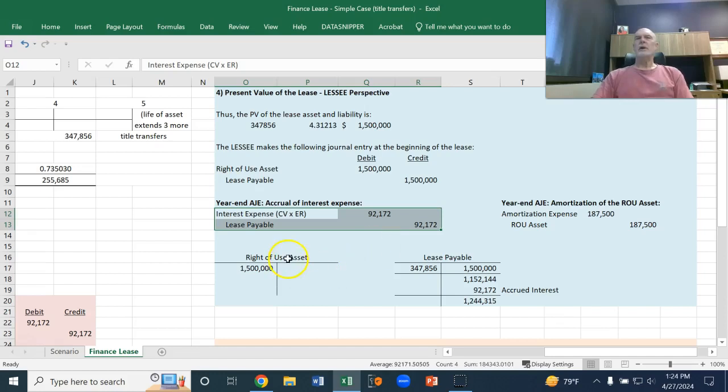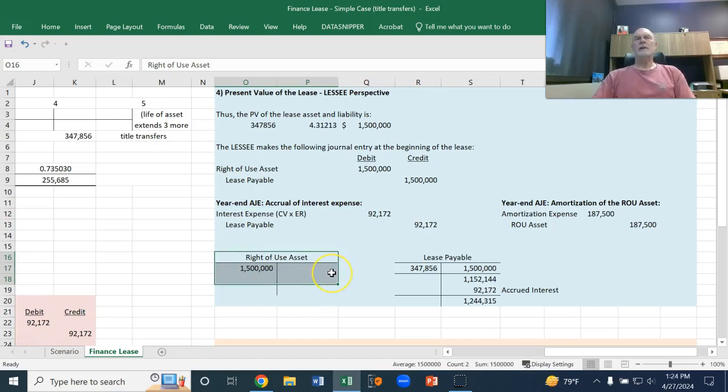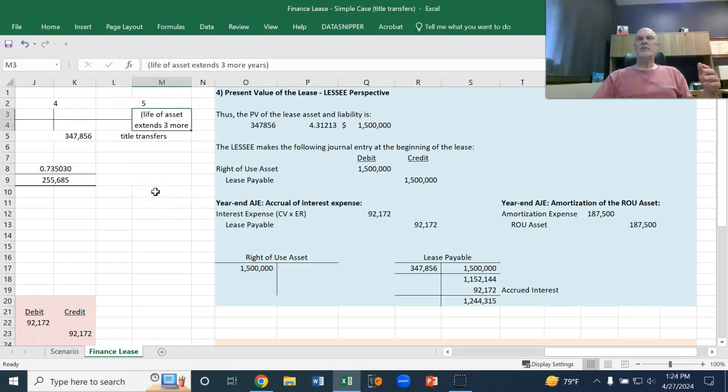They will also amortize this right of use asset. Now, how long are they going to amortize it over? Well, they're going to amortize it over whatever period of time they're expected to use it. Since the title transfers at the end of the 5th year, and it has 3 more years in its life, they'll amortize it over a total of 8 years.